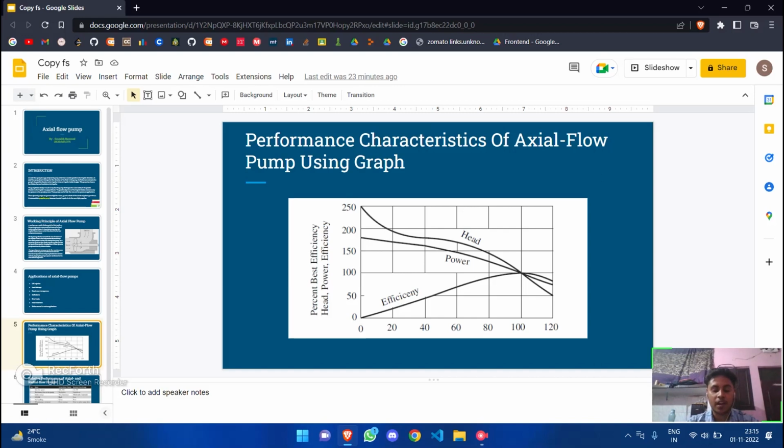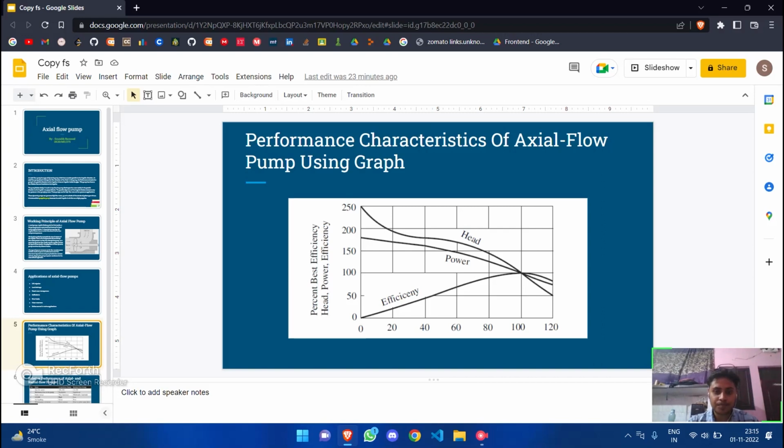Here's the graph. Here I show the graph which shows the performance characteristics of the axial flow pump. This graph is basically the best efficiency percentage of the axial flow pump. At 250% of the head, the axial flow pump is basically shut off.